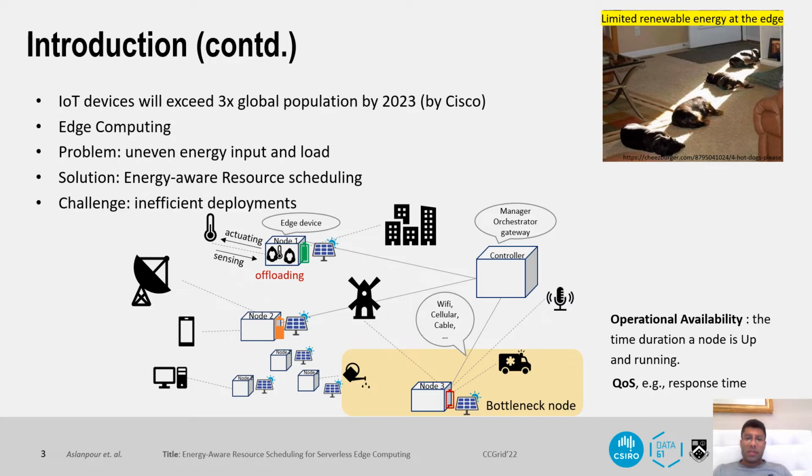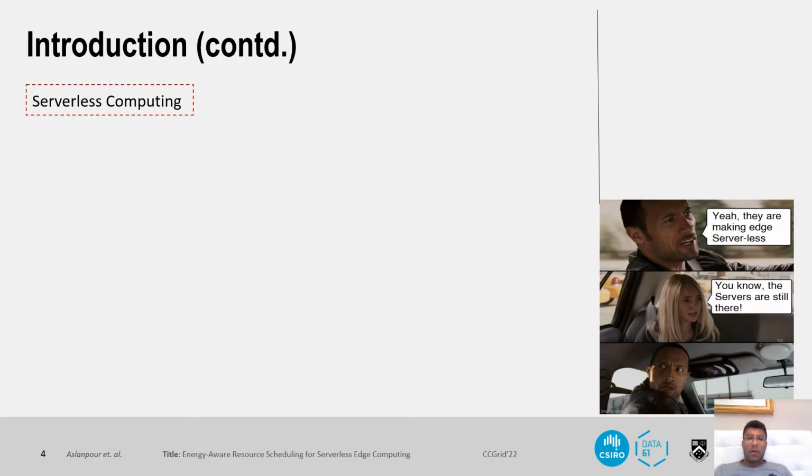But the challenge is that moving functions around and offloading them to another node is not easy, because the application needs to be very portable, and you cannot achieve this using conventional deployment of applications. This is where we introduce serverless computing as a facilitator.